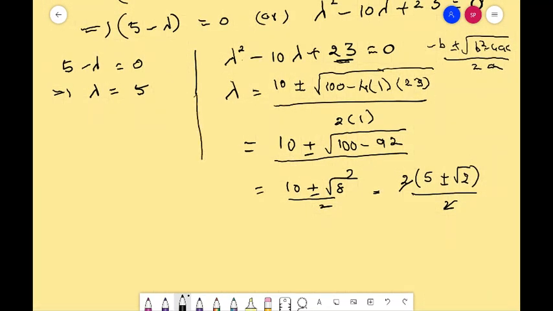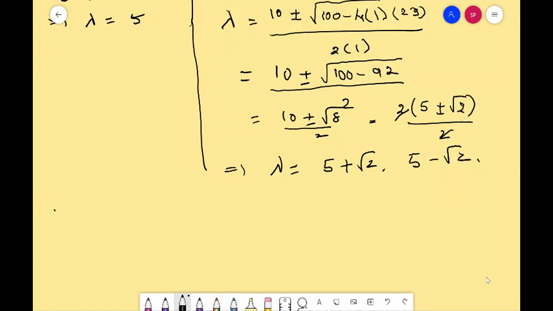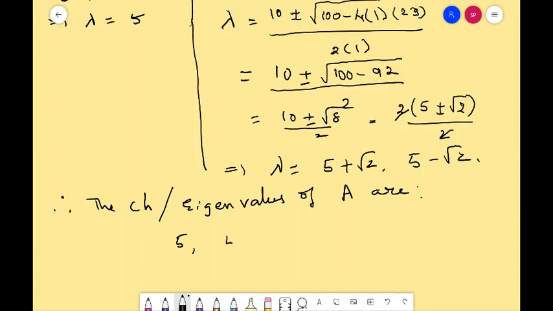So you have here lambda is equal to 5 plus root 2, 5 minus root 2. So therefore what are the eigenvalues? The eigenvalues of A are 5, 5 plus root 2, 5 minus root 2. This is the way how to find the characteristic polynomial and characteristic values or eigenvalues of a given matrix.